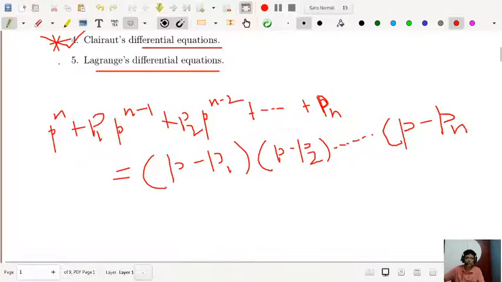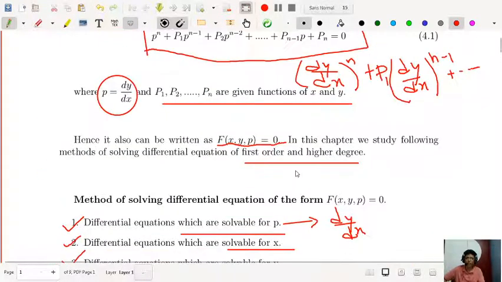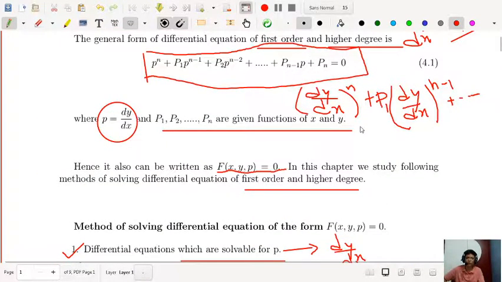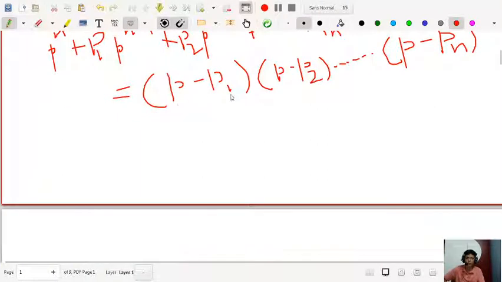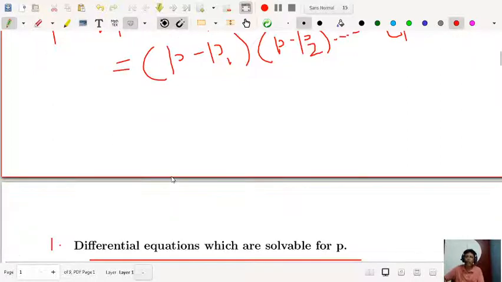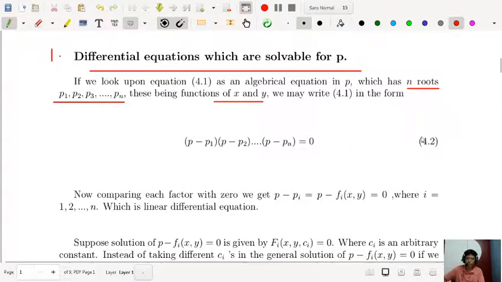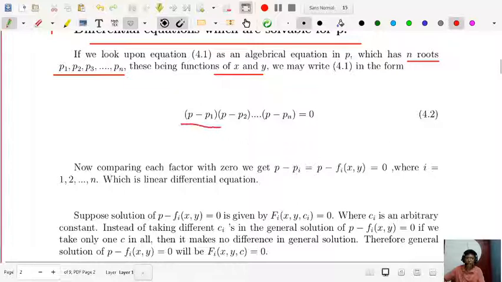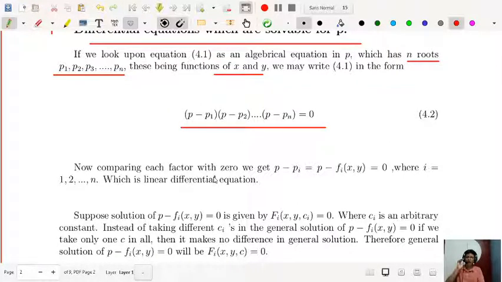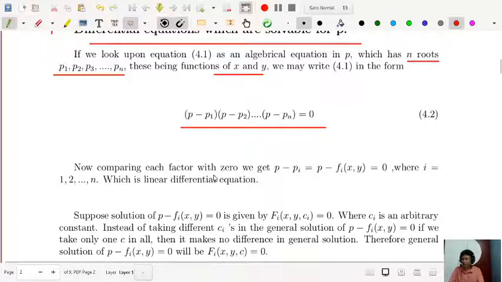These are the factors. So you can write this equation 4.1 as (p minus p1) into (p minus p2) into ... (p minus pn) equal to 0, because p1, p2, ..., pn are the roots of that equation. Now, all are linear factors.